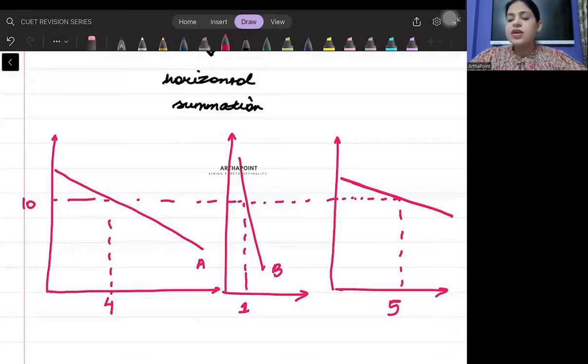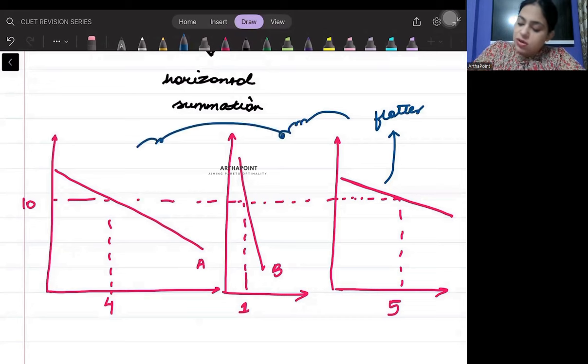So this is my demand curve of the market. It will always be the case, हमेशा ऐसा ही होगा कि market का demand curve will be flatter than individual demand curves. Am I clear with that point? ठीक है बेटा.